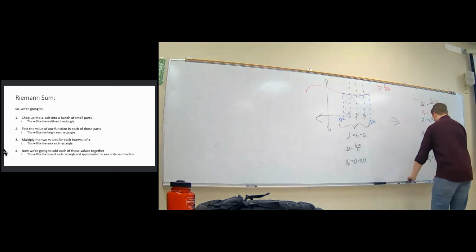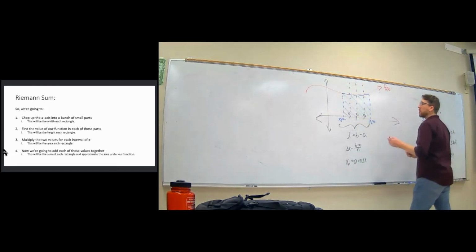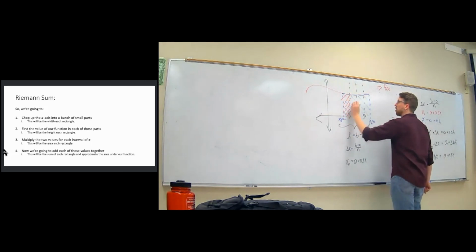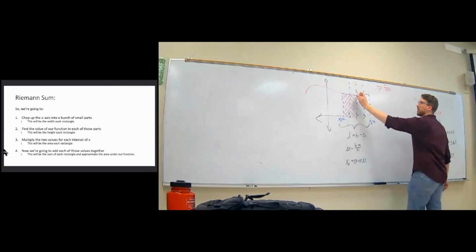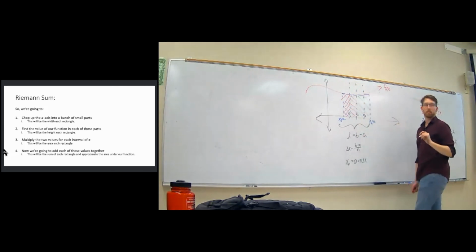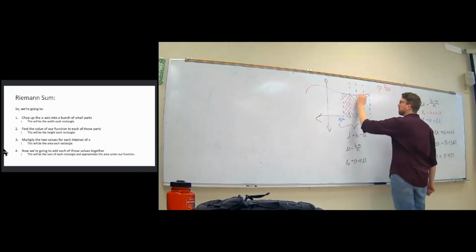Notice when we do that, the area we're going to get is just a little bit smaller than our actual area, right? You've got a little bit of slop up here, a little bit of slop up there, a little bit of slop up there. It happens.